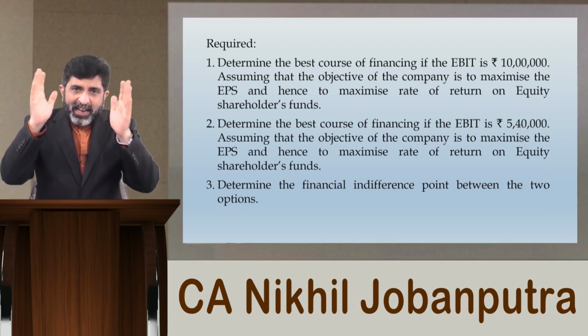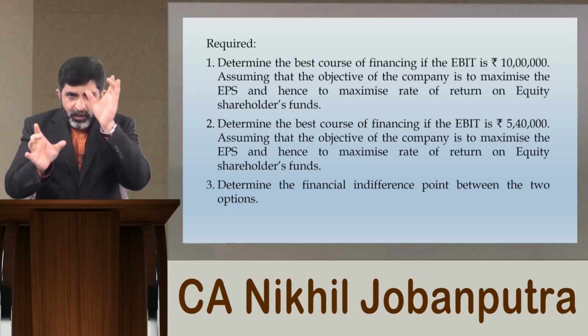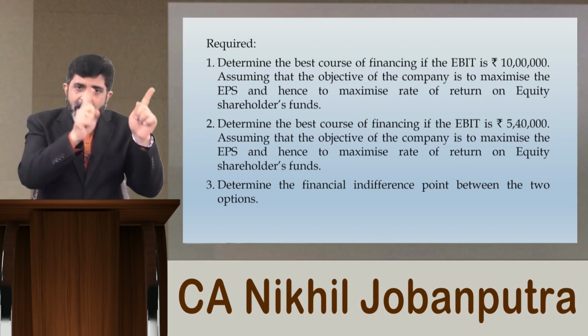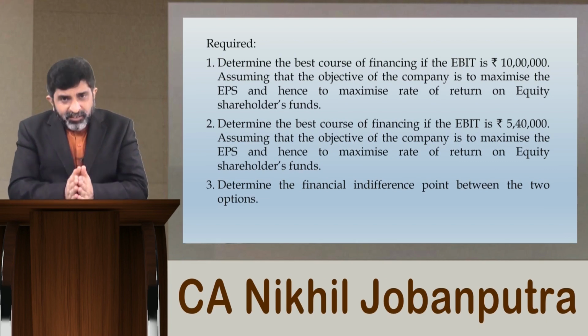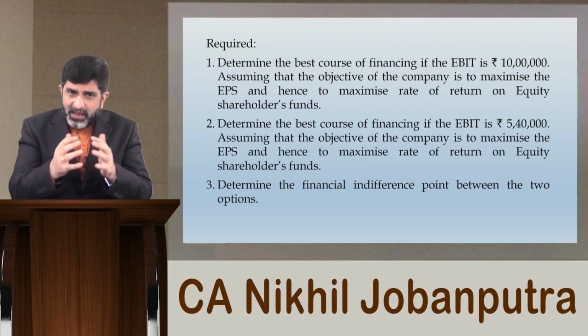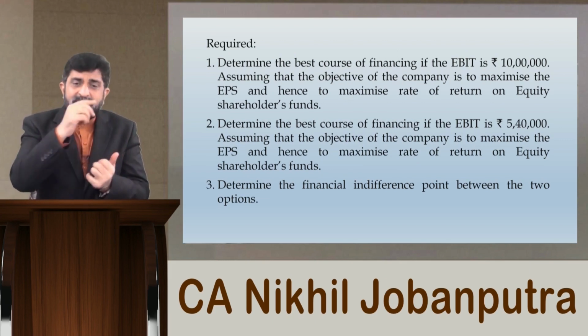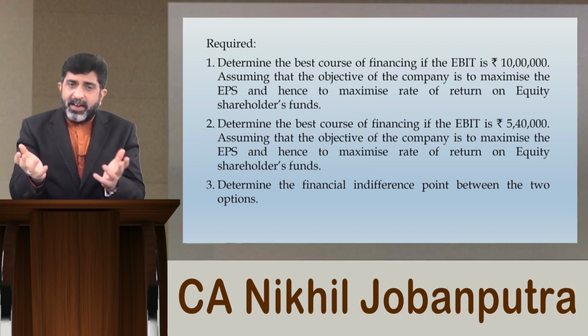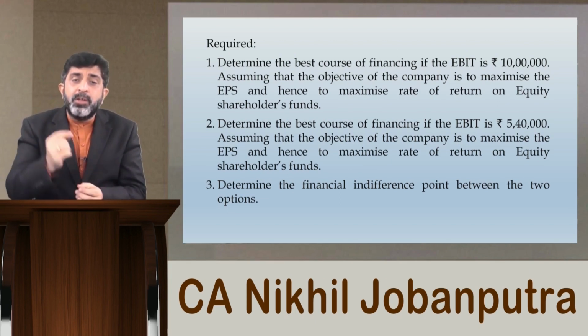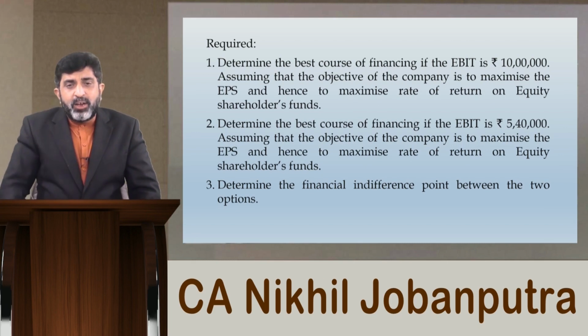So it will be 10 lakhs of EBIT with option 1 and option 2, and then 5,40,000 of EBIT, option 1 and option 2. Let us see what is the findings that we have, and then we will deal with that third requirement of the question, where the question is asking you to find the financial indifference point between the two financing options.